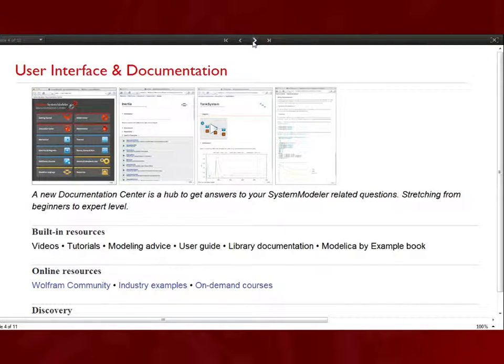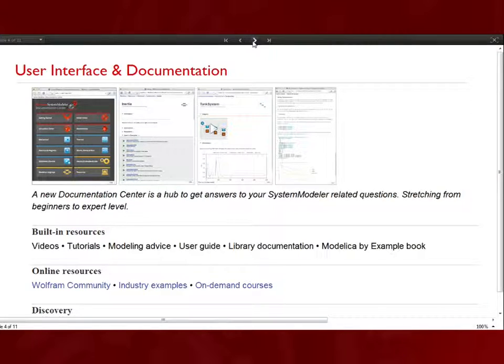And now over to SystemModeler 4. One of the things that I won't show that much, but we work a lot on the user interface, especially on the documentation side, to make it as accessible as possible. Adding videos explaining how to use it, having a lot of cross-linking, just as the Mathematica help, where if you're going into one component or one function, there are cross-links to examples where that is used.